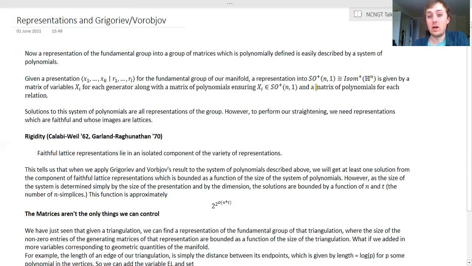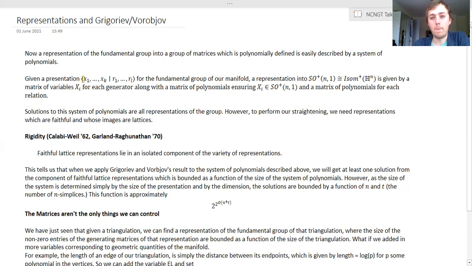And then also, for each variable, we've got this thing that says it's in SO plus N1, and we also have polynomials for each relation. So polynomials representing what it means to say that these two matrices, when you multiply them, give this final matrix. But again, it's only one polynomial for every entry of the matrix, so only n plus 1 squared polynomials. Okay, so you can see from this that we get a system of polynomials, and well, what are solutions to the system of polynomials?